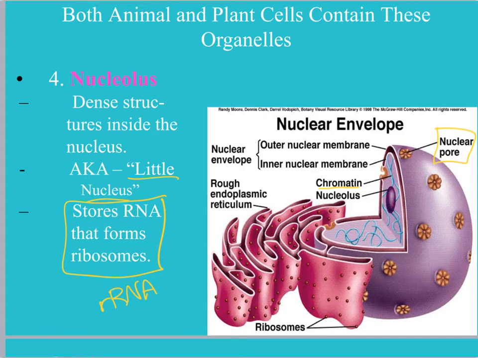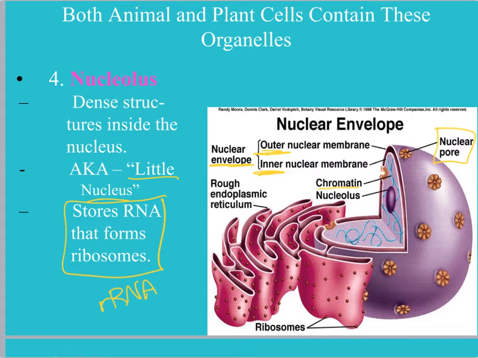Now, DNA doesn't actually leave the nucleus, but it does send a message out through messenger RNA. This picture also shows the nuclear envelope very well, and it shows that it's got a bilayer, a two-layered membrane. Another thing this picture shows is how the endoplasmic reticulum usually gets up close to the nucleus, because eventually that mRNA is going to be formed in the nucleus.